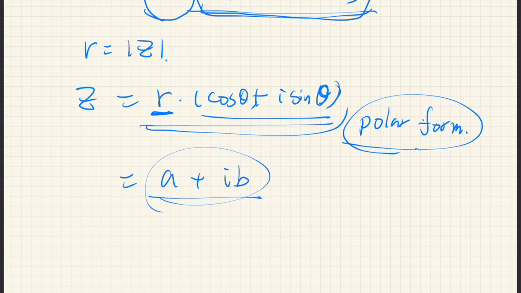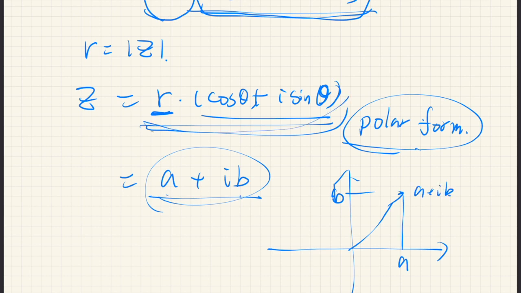In this way, on the complex plane, we specify the real part and the imaginary part: a plus ib. In this form, we specify the distance from the origin, that is r, and the angle from the real axis, that is theta.